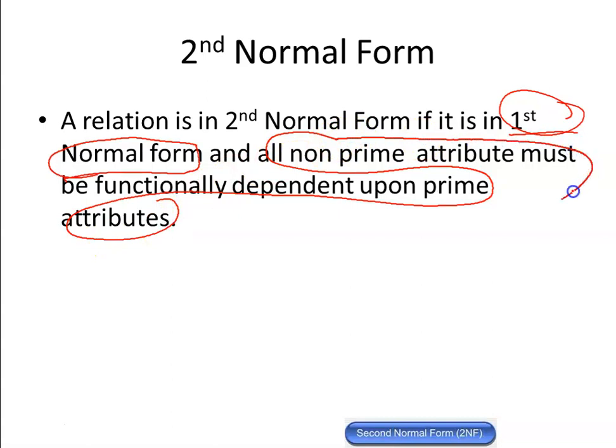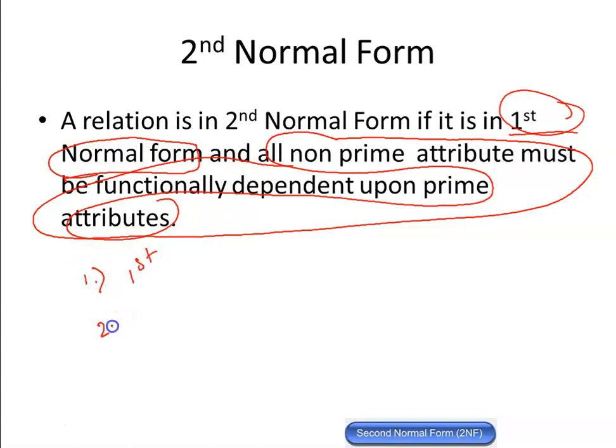So there are two conditions. The first condition is that it should be in first normal form, and the second condition says that all non-prime attributes must be dependent upon the prime attribute. Now what does this mean? We will see with the help of an example.